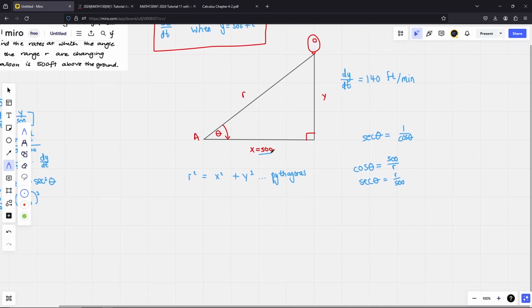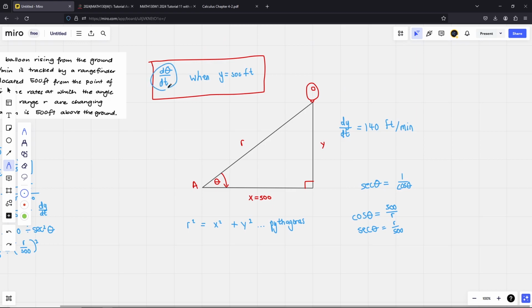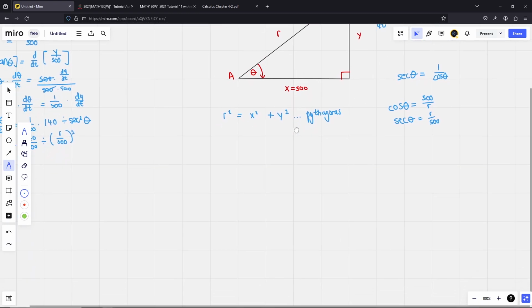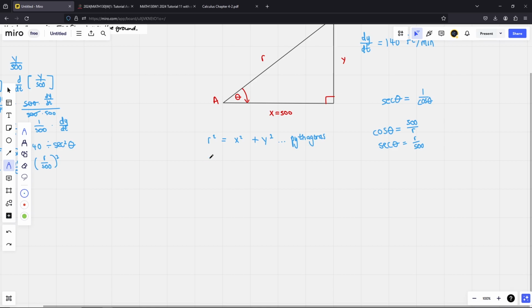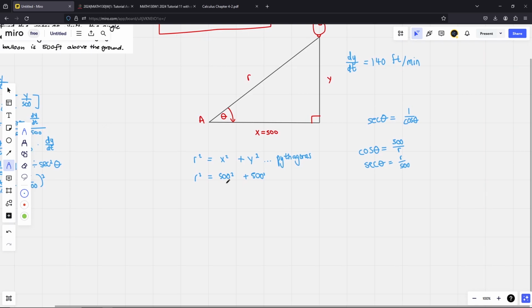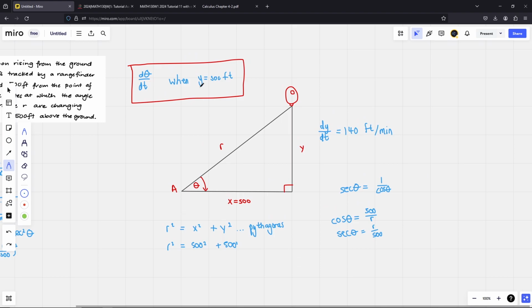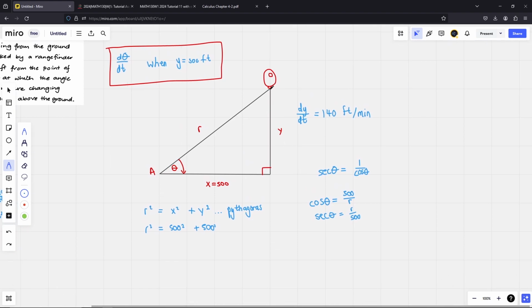So we know that x is 500, and we also know that we want d theta dt when y is 500. So we know that r squared is going to be equal to 500 squared plus another 500 squared, because again x is 500 and we want when the balloon is 500 feet above the ground, or in other words when y is 500.